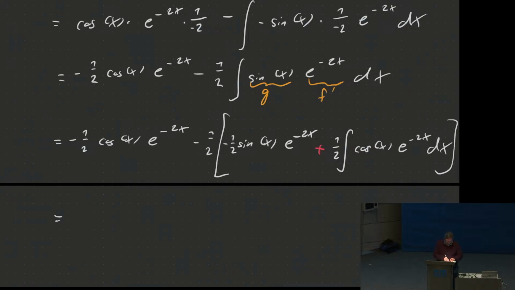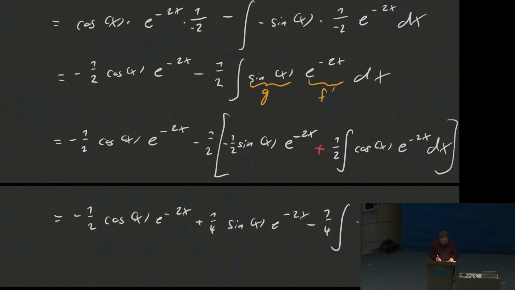Maybe let's write that down once again before I actually solve. So let's copy that first part here. Then this is 1/4 sine x e to the power of minus 2x minus 1/4 times the integral.